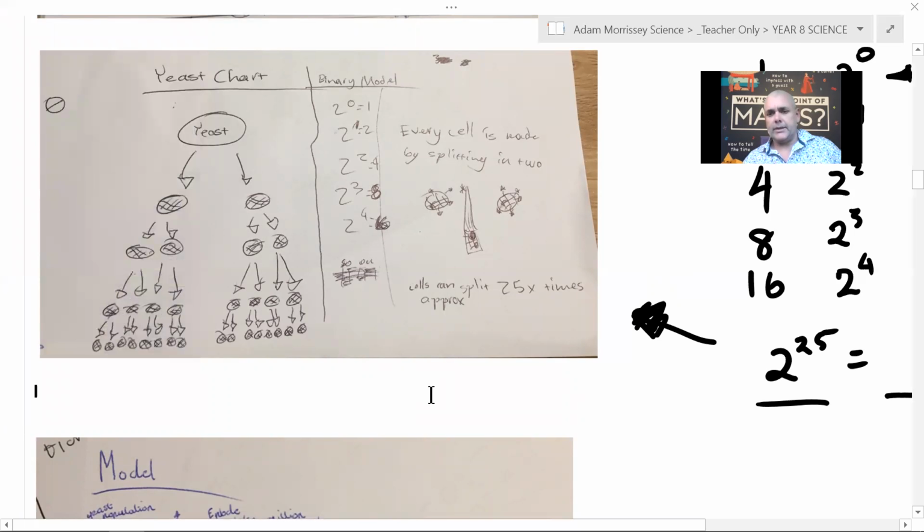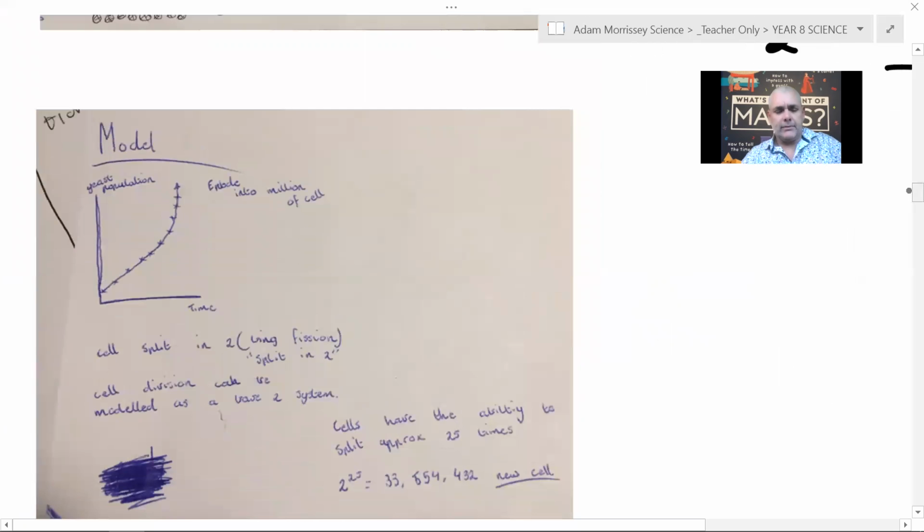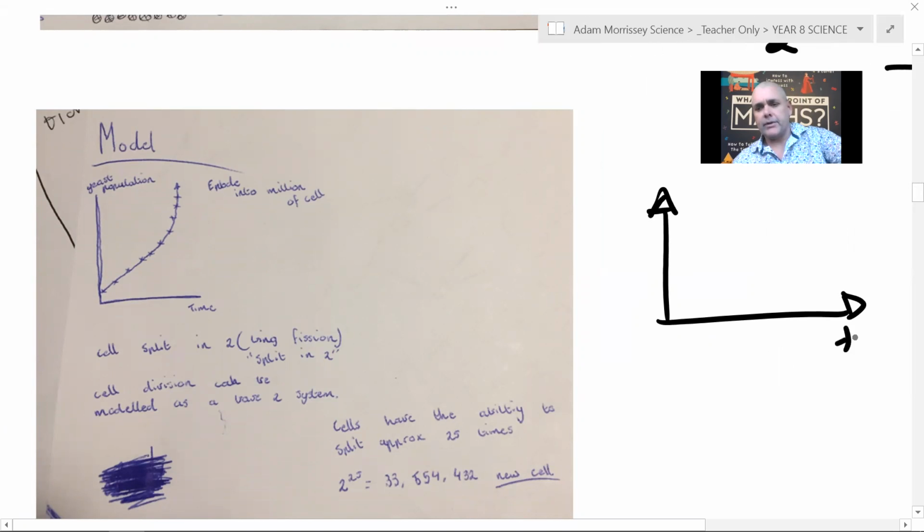What we tend to do next is, in this system here, we've got a model. I ask them to begin to model out what this situation looks like, where we've got time and the number of yeast, the number of cells here. Now, I asked them, what does it actually look like? Is it a straight line or is it some kind of curve?